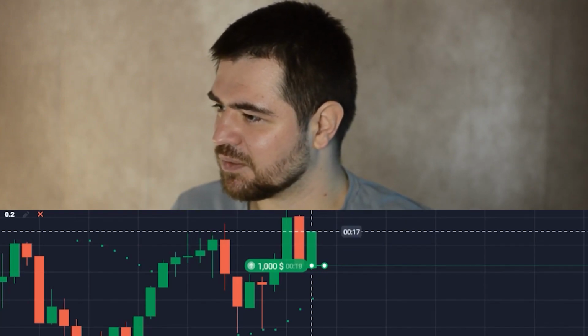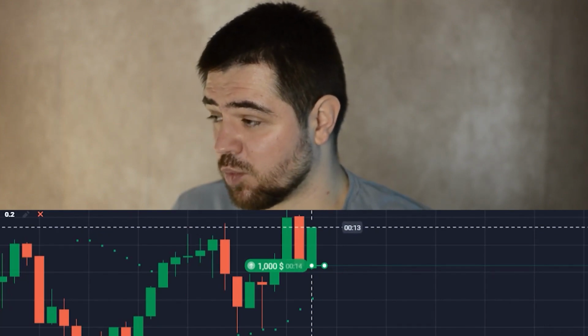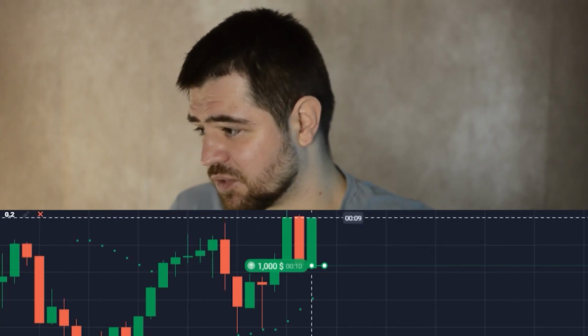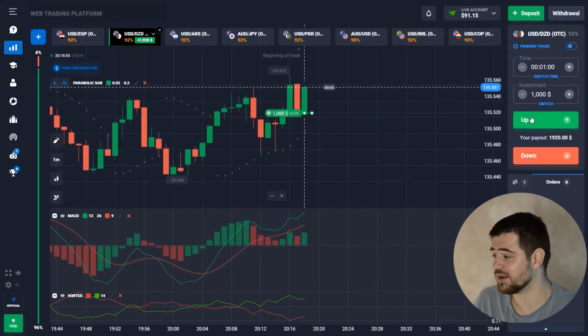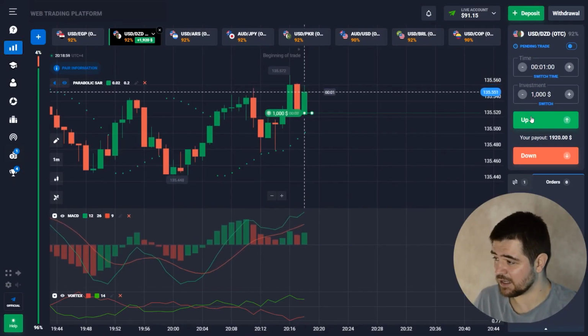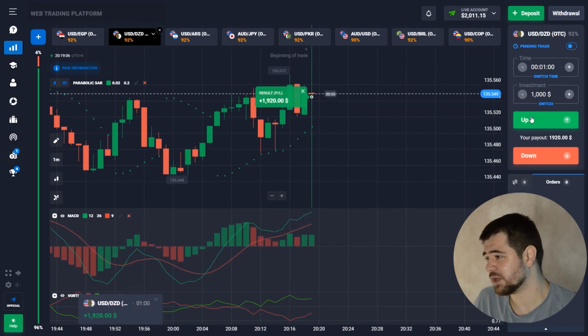Okay, so here we made a 1000 call option. Right now Vortex is showing a dominance of the green line, which is a bullish trend, and then MACD is looking at the top as well.